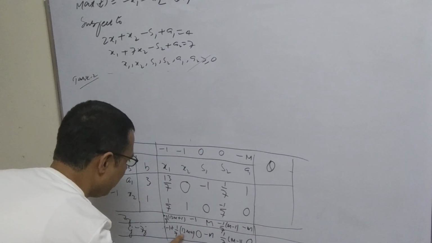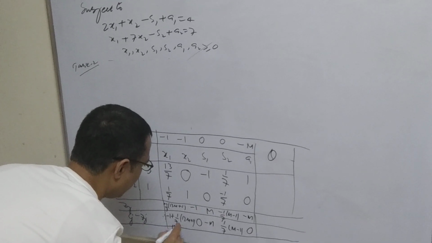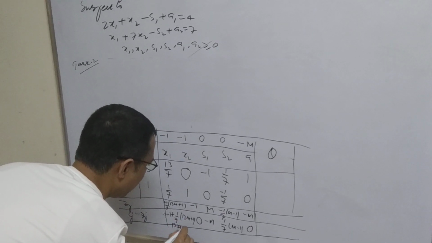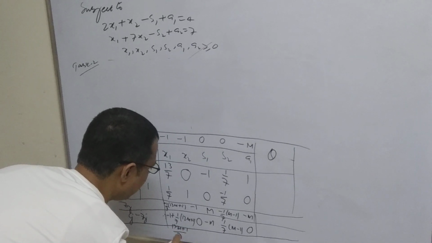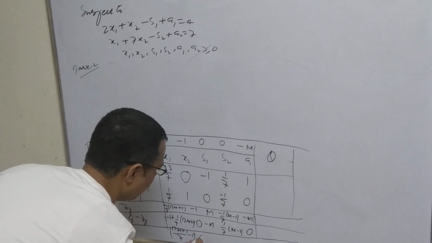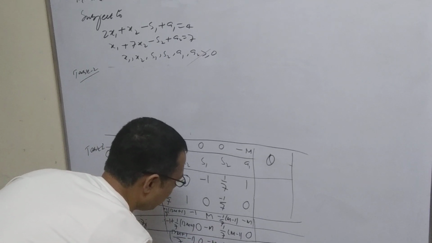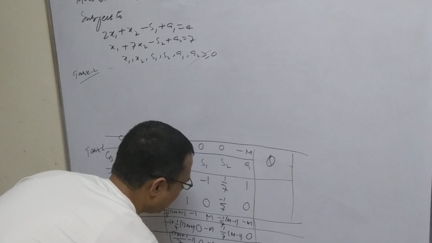Here 13m, this one also positive, 13m plus 1 by 7 minus 1, this value is also positive, 0, this is also 0, it is negative, this one also positive, m minus 1 by 7, it is also going to give you.